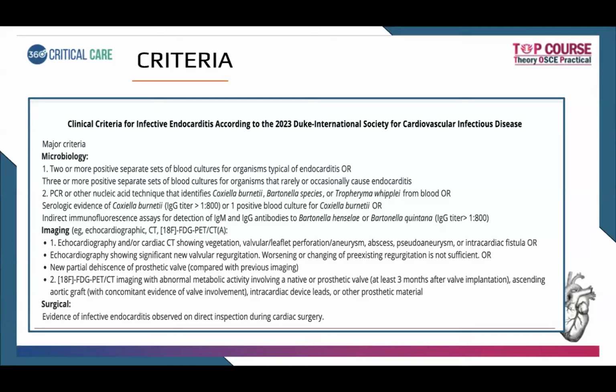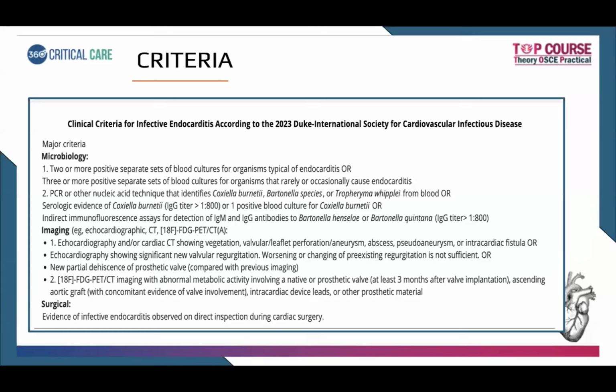Then FDG PET CT showing abnormal metabolic activity involving a native or prosthetic valve, an ascending aortic graft, intracardiac device leads or any other prosthetic material. And surgical evidence of infective endocarditis observed on direct inspection during cardiac surgery. These are the major criteria.